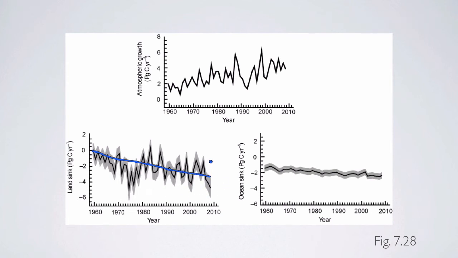So terrestrial ecosystems are still taking up more carbon than they used to, and that's been increasing. For these data right here, we're at roughly 4 petagrams of carbon, and it was relatively neutral earlier. Oceans, same general pattern, though there's a lot less variability in the ocean sink than there is in the land sink, mostly due to climatic differences.